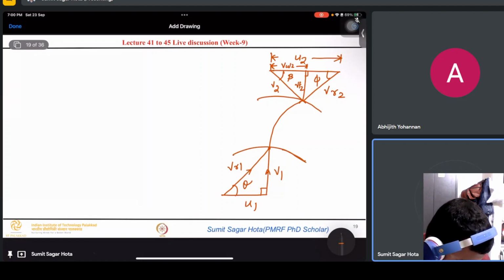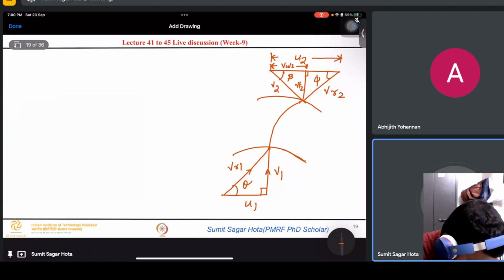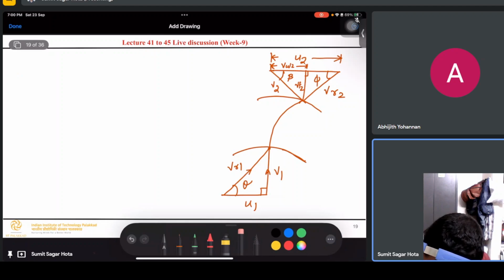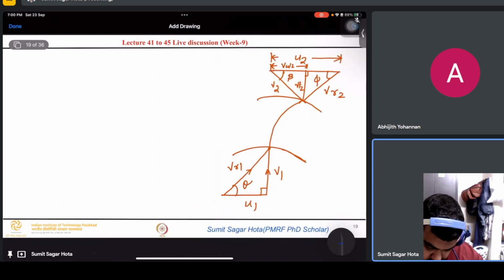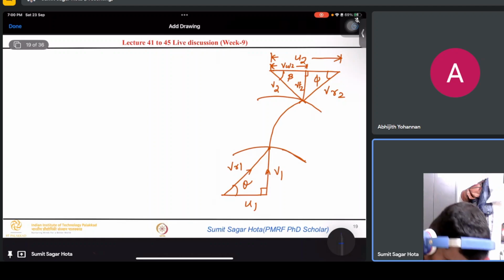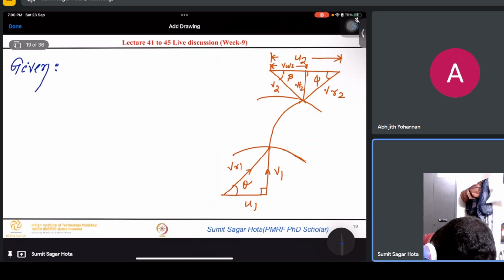So now we have to write down what are the things given. D2, 30 centimeter.